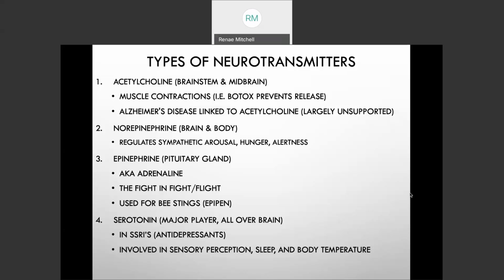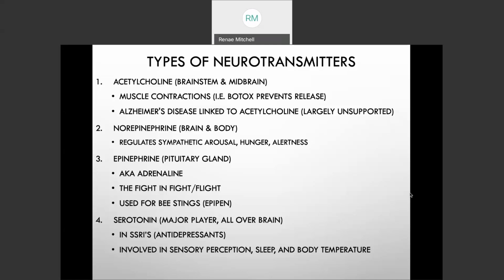Serotonin is another neurotransmitter. This is a major player in terms of human experience, brain structure and function. Serotonin is located all over the brain. It is the major neurotransmitter that's involved in SSRIs, which stands for selective serotonin reuptake inhibitor, which are antidepressants.